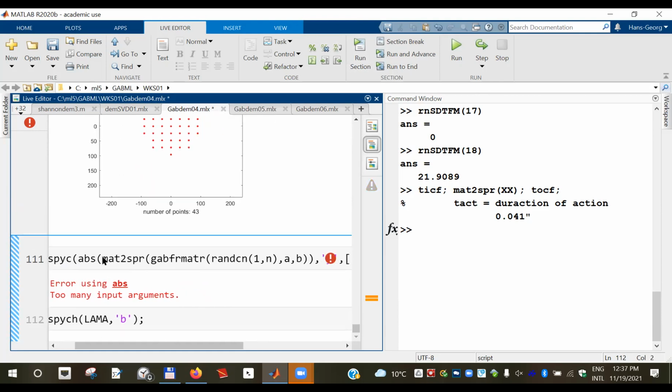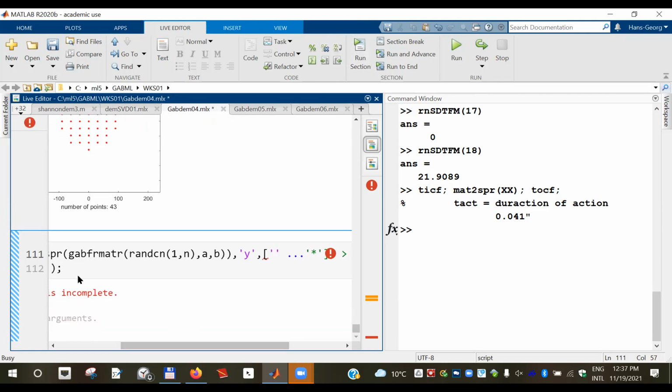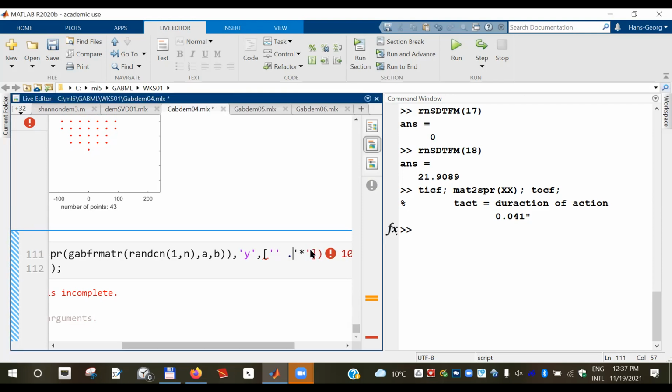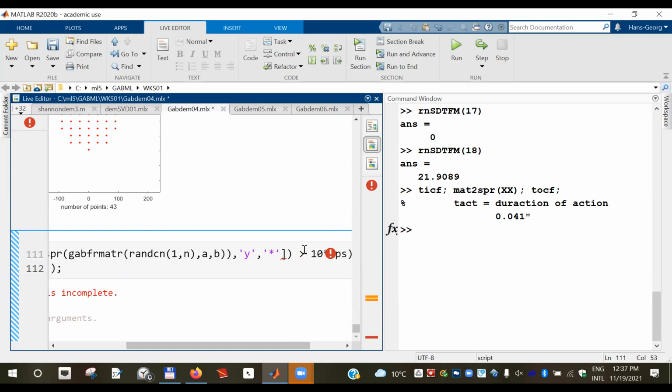I will try to fix it. I have a problem with the bars here, and one more attempt. Ah, I see. That shouldn't be done here. That was the problem.